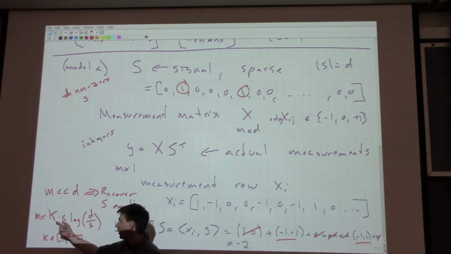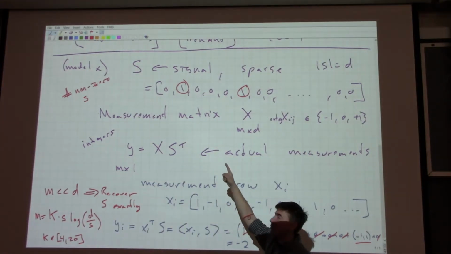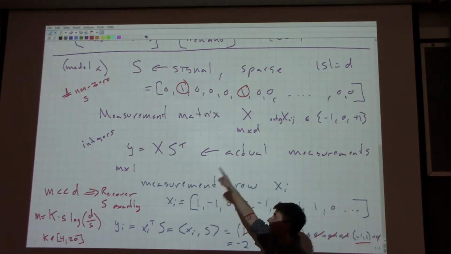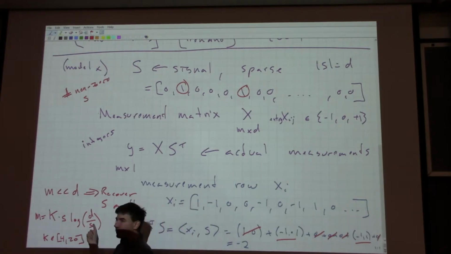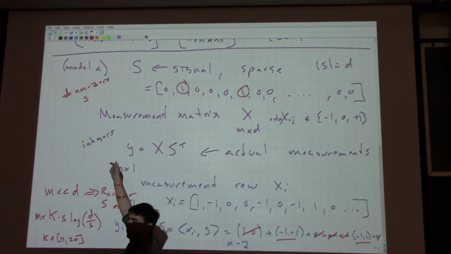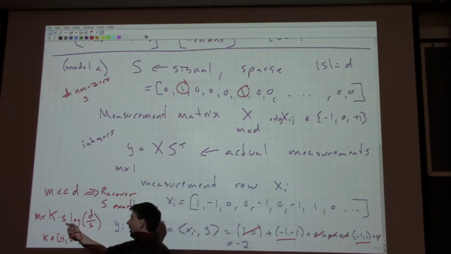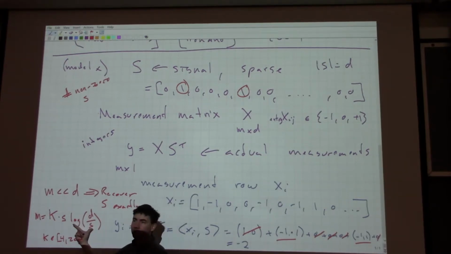If I were to store this array sparsely, I wouldn't store it as an array of size D, I'd store the location of each bit. And then I would say it's S log D, but I can be a little bit smarter. I can just store the gap in between the different bits. And then you need S log D over S. And so that turns out to be the number of measurements you need as well.